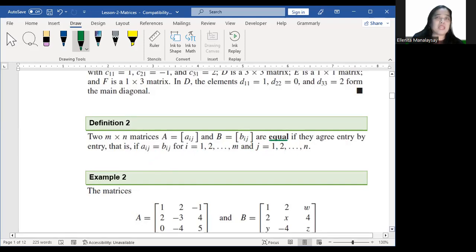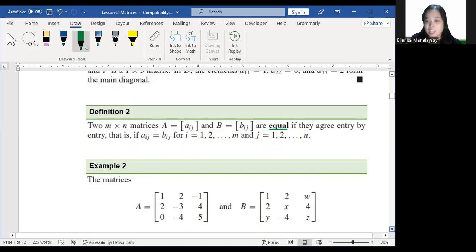So this simply means that two matrices are equal if their corresponding entries or corresponding elements are equal. Basically, they need to have the same number of rows and the same number of columns, and the corresponding entries should be the same.